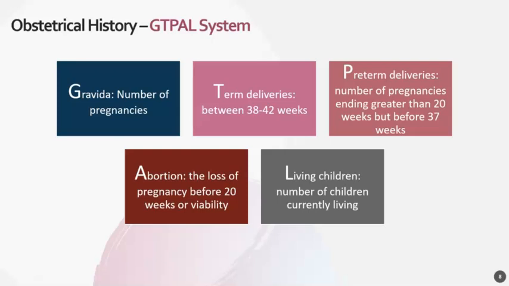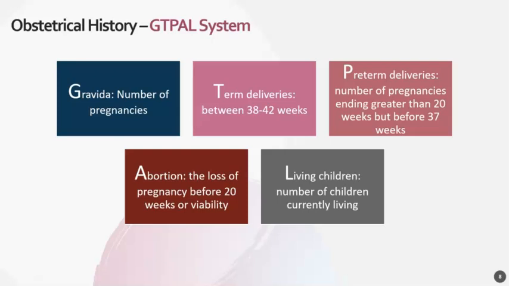So we'll talk about a system that we use to obtain that obstetrical history. It is called the GTPAL system. Within that, the G stands for gravida, or the number of pregnancies. T stands for term deliveries. So these are going to be deliveries between 38 and 42 weeks gestation.